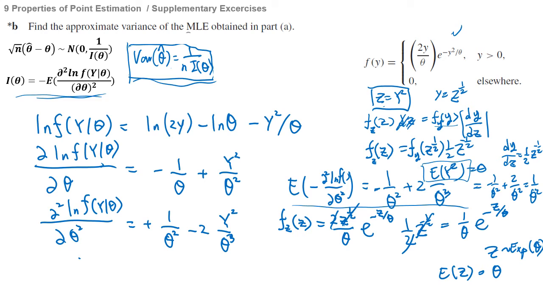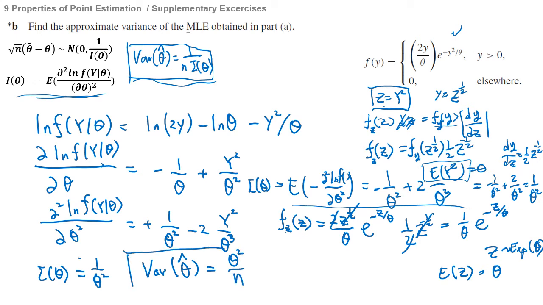So now we have calculated our information I(theta), which is 1 over theta squared. So the variance of theta hat is theta squared over n. Okay, so this is our variance.